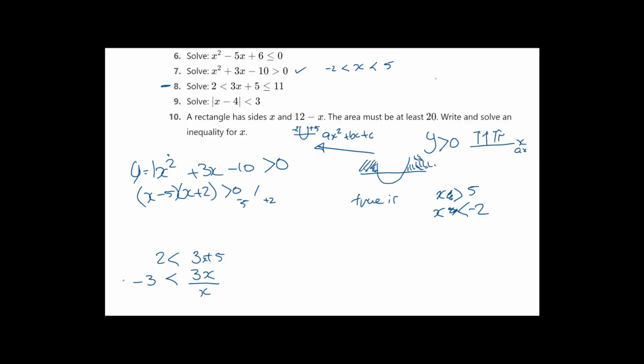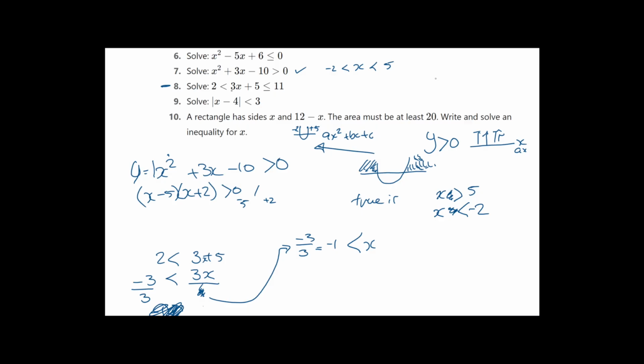Divide both sides by 3. So that's -3, and -3 over 3 is equal to -1. So x must be greater than -1.